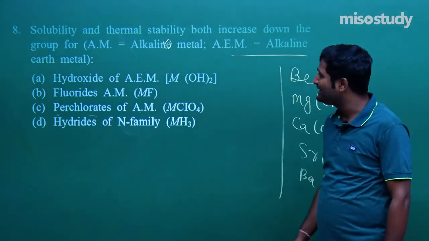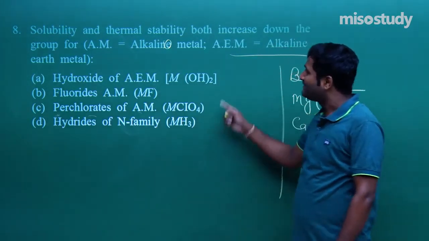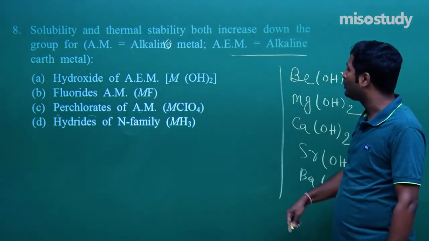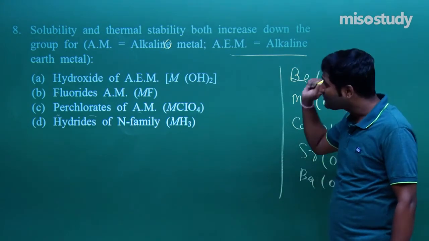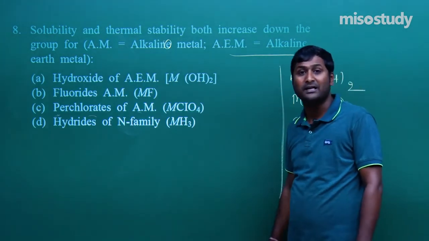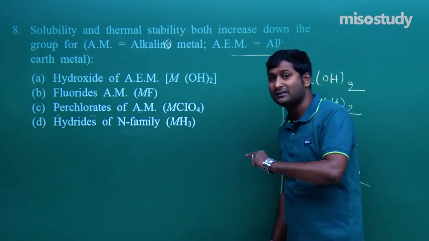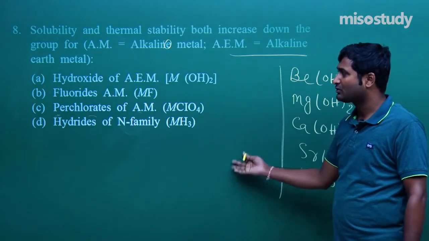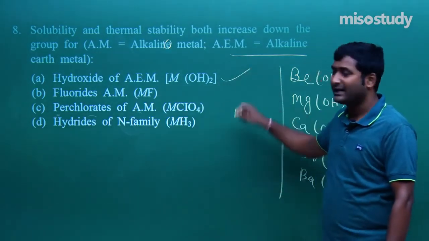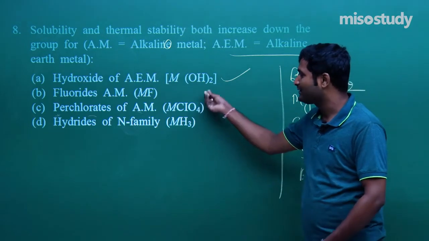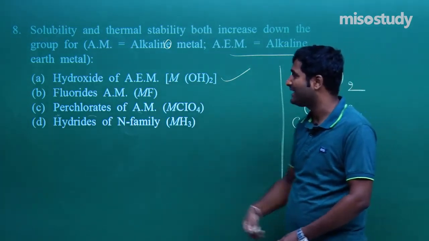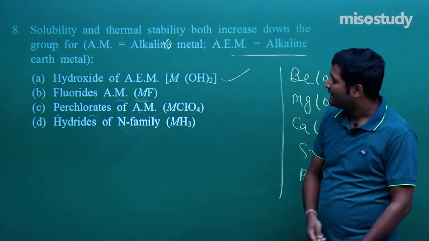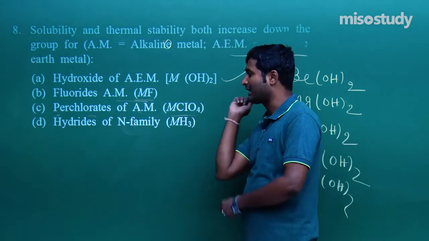As I discussed earlier during my lecture classes, when we move down the group, the solubility as well as the thermal stability of the alkaline earth metal hydroxides increases. Remember this. So for this question, we know this is the correct option. We do not need to check this one because this is a single option. Still, we can say fluoride of alkali metal, no, this is not a correct order. If I talk about perchlorate, not a correct order.